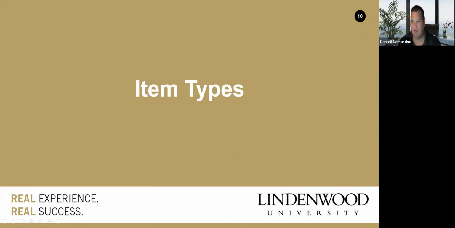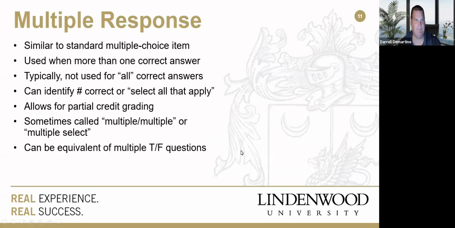I'm going to start with the multiple response item. The multiple response item is not much different than a multiple choice item, with the exception of, instead of choosing the best answer or the one answer, the candidate gets a chance to choose multiple answers. So it's often used when you have more than one correct answer intentionally, and it's written that way.